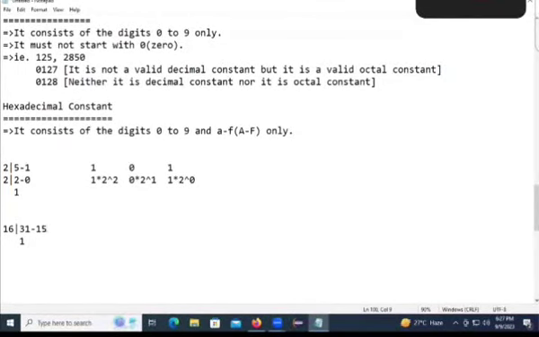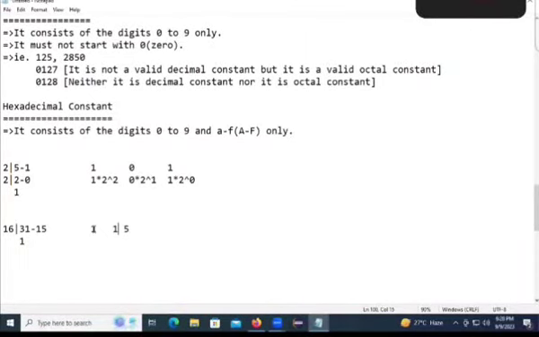The 15, we should not take as 115. If we take 115, the problem is, you will feel like this, yes or no? 115 means you treat it as individual digits. Then you will calculate 1 into 16 to the power 2, 1 into 16 to the power 1, 5 into 16 to the power 0. Then it will not be 31.